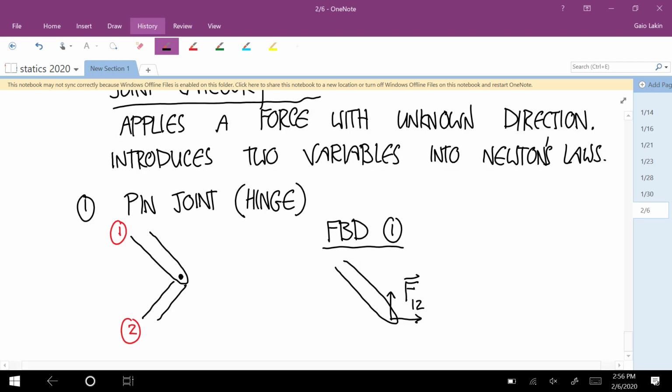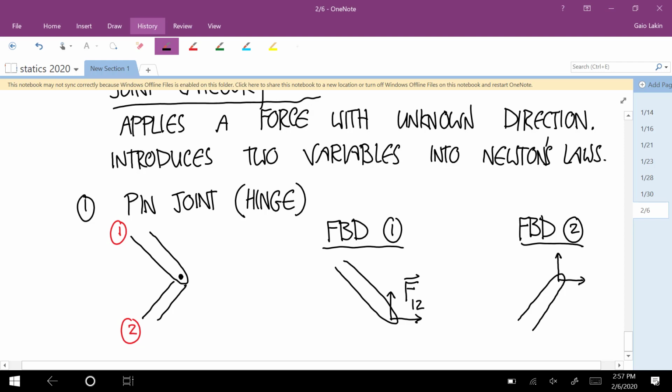So think on 1 by 2 or on A by B. Okay, that's what those subscripts mean. And then the second body, that's equal and opposite.